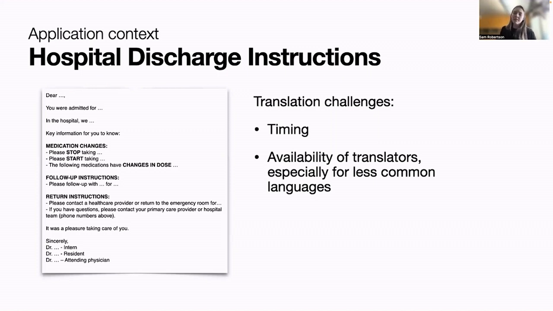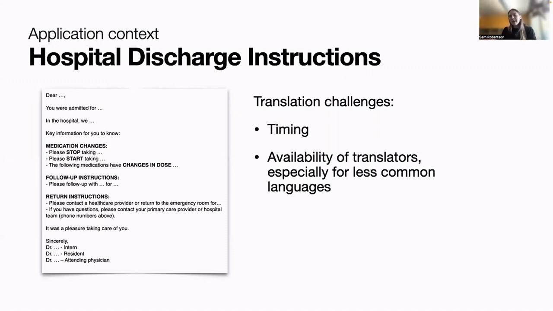And availability of translators is also a major challenge. There might be an interpreter available on the phone, but often there's not someone there to do a written translation. And so patients often get sent home with these just in English, or maybe increasingly, with some hesitation, a doctor might put this into Google Translate and give the patient some kind of disclaimer of, here's a translation, it might not be correct, the use-responsibly argument.